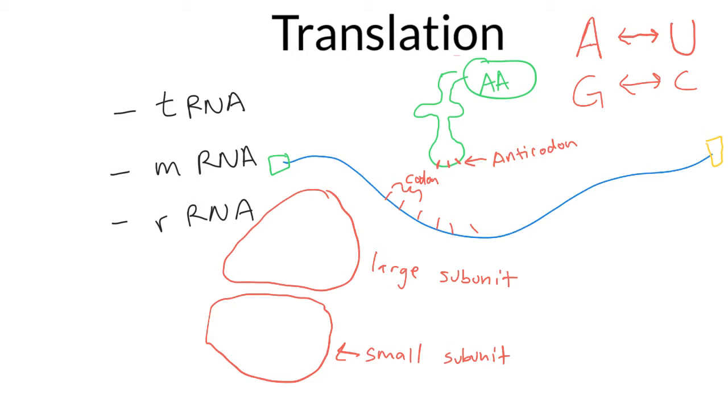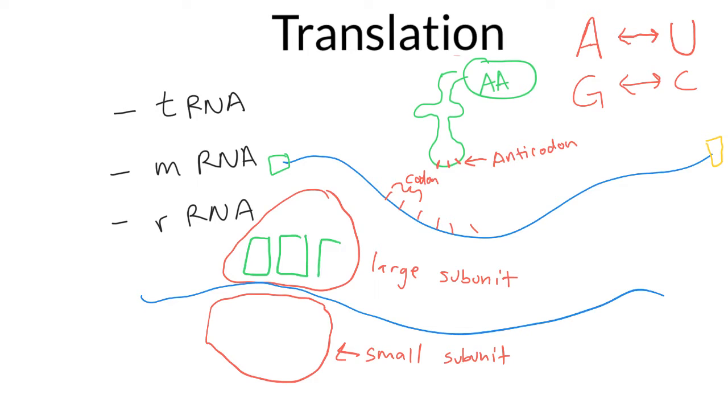And the messenger RNA then goes in between the two units. And then the tRNAs then go into three different sites on the ribosome: the A site, the P site, and the E site.